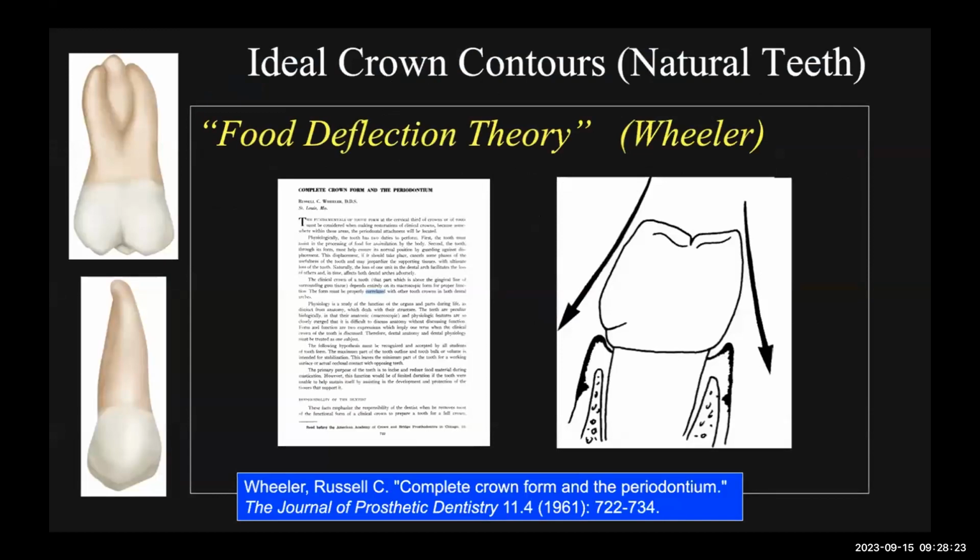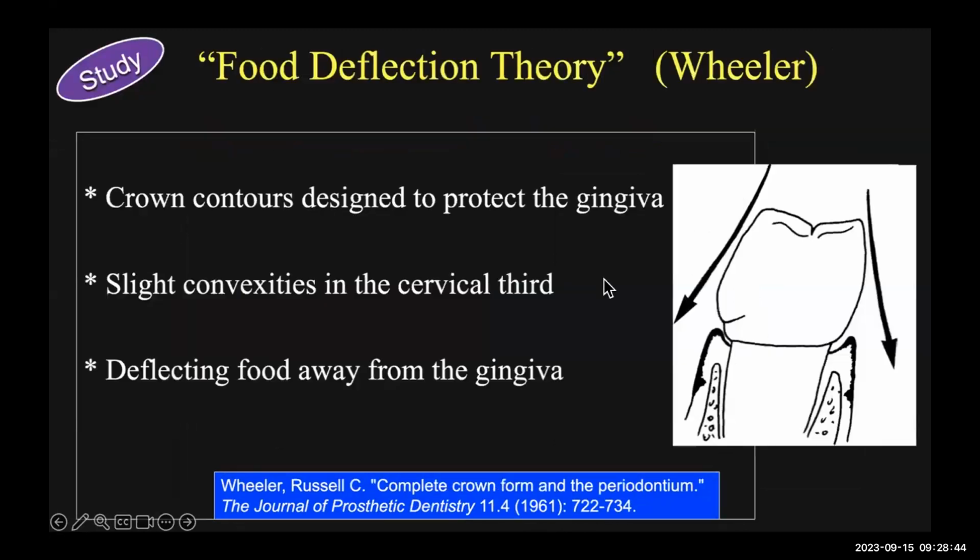If we look at natural teeth, we were all taught in dental school, from Wheeler's textbook on dental anatomy in the 1960s, what is called the food deflection theory. Basically, teeth are designed with a convexity here to push away any food debris or any debris that could get into the gingiva. So the crown contours were designed to protect the gingiva, with slight concavities in the cervical third of the tooth, to deflect away from the gingiva.